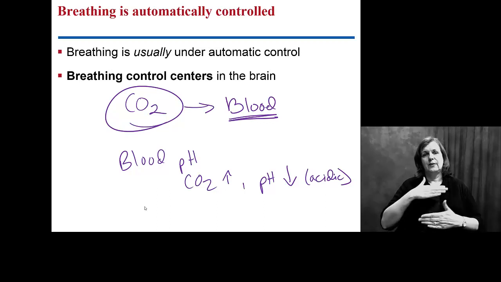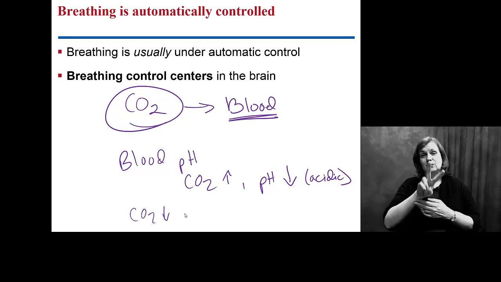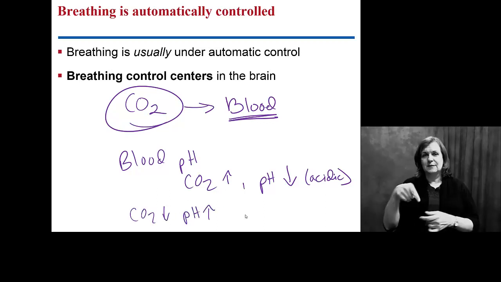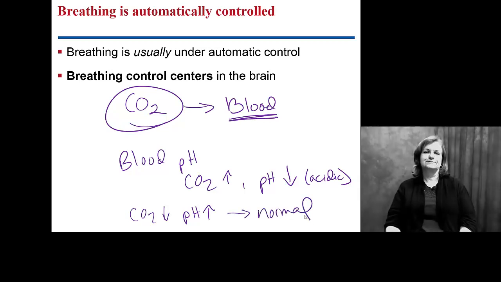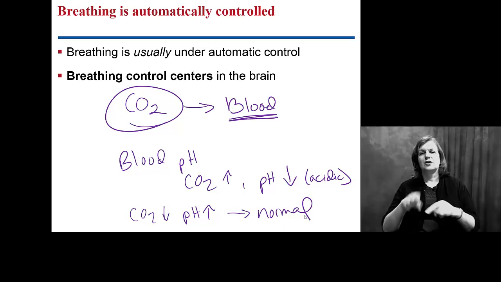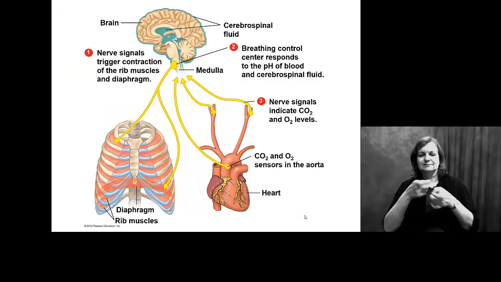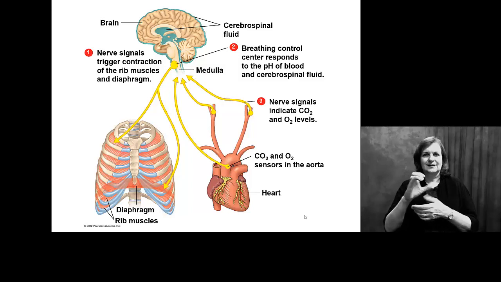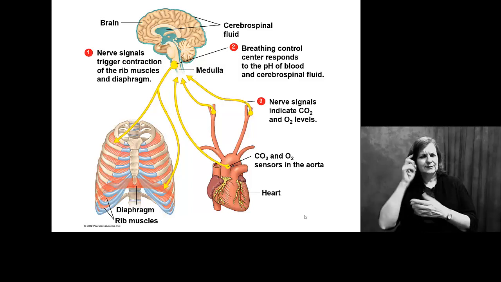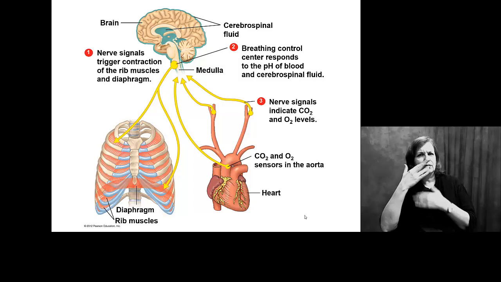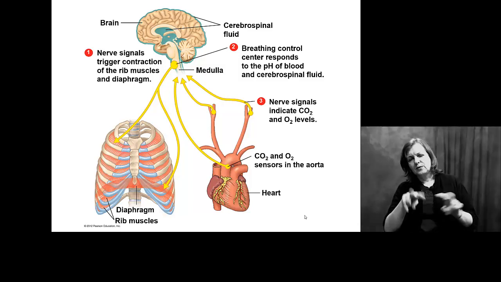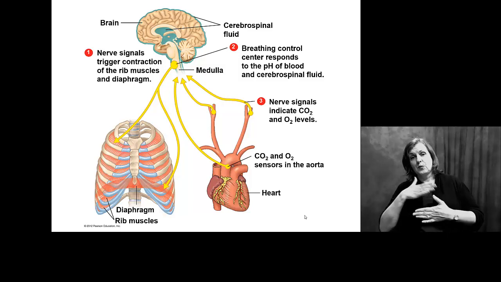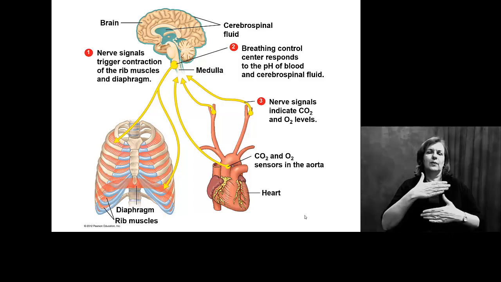As you breathe, the CO2 levels go down, the pH in the blood goes back up, and everything goes back to normal. Over the course of your day, you are constantly correcting for this. So your brain is constantly monitoring the pH of the blood. That constant monitoring will trigger you to breathe more or to breathe less.